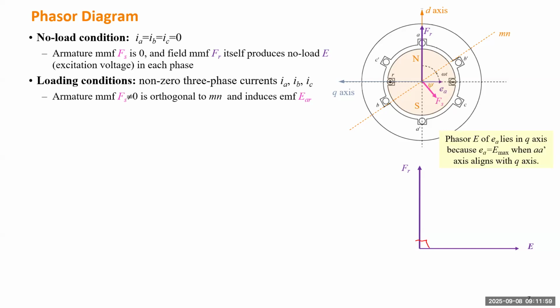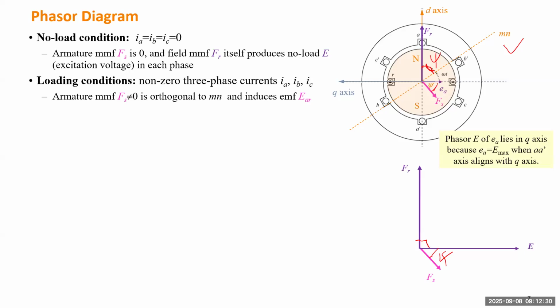Okay, and from the previous slides, we proved that there's a power factor of the generator, which is determined by this frame, and there will be an angle. This is a lagging angle by psi, which means the Fs will be lagging this E by angle psi. So this angle is actually the power factor angle psi.